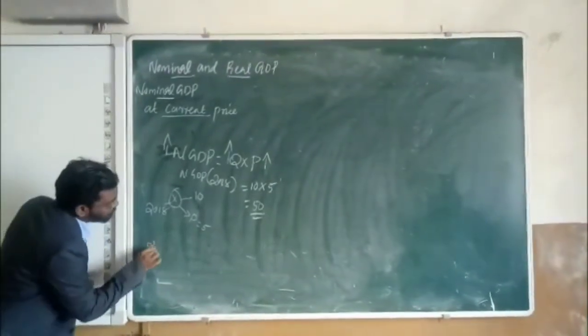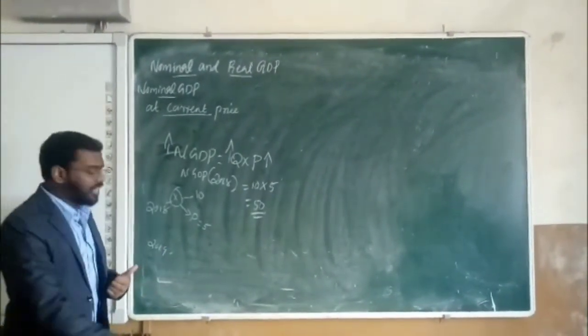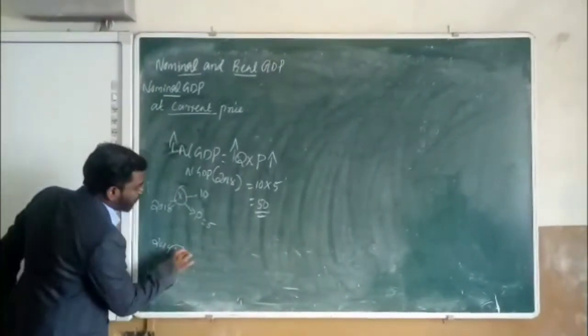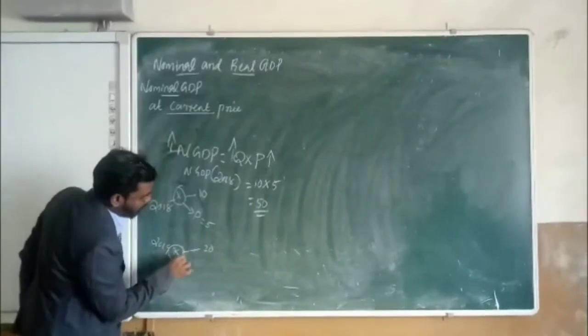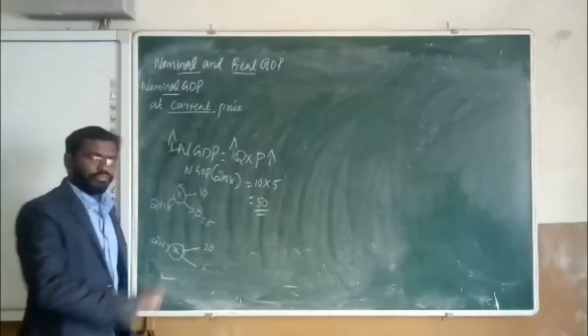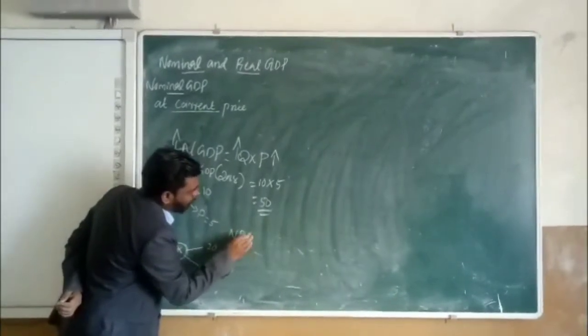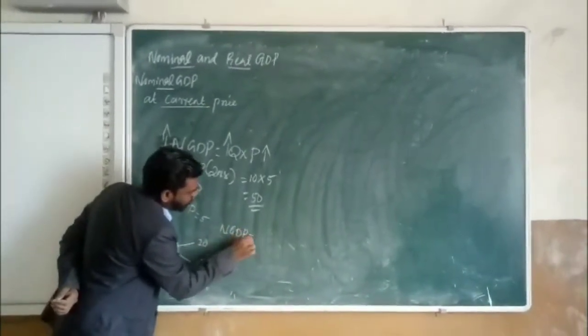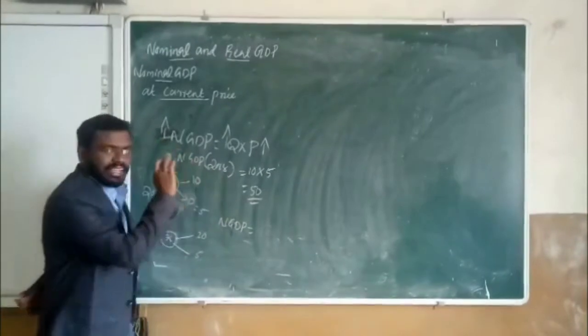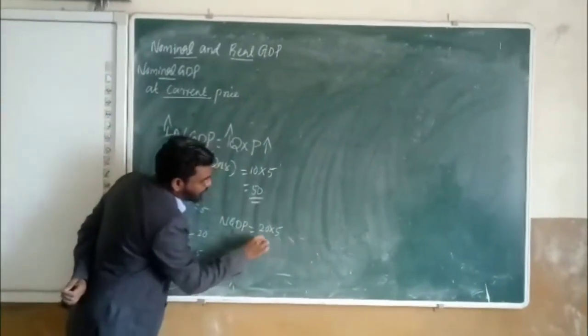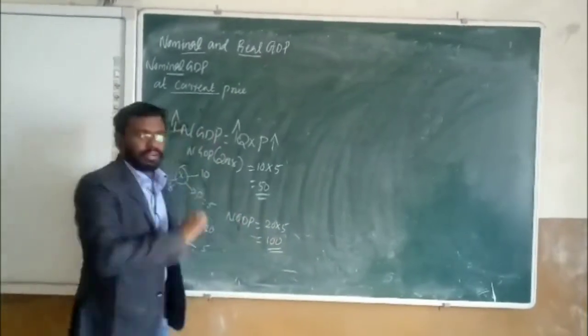In the case of 2019, the economy produced the same commodity X, but the output became 20 and the price is the same, 5. So nominal GDP of 2019 is equal to 20 into 5, that is equal to 100.